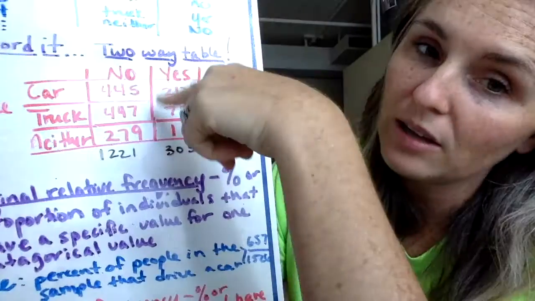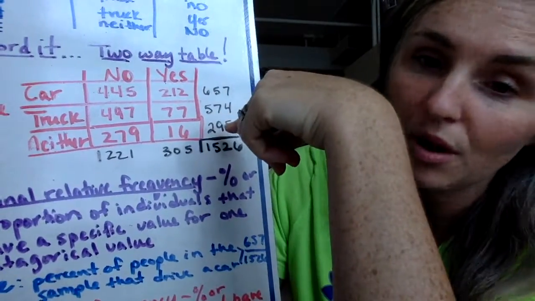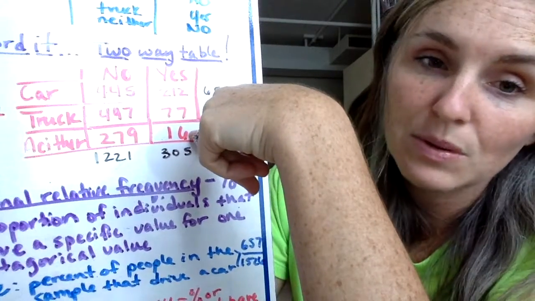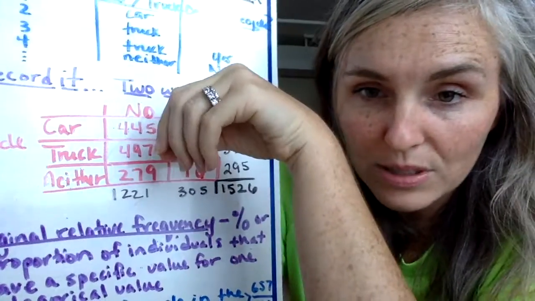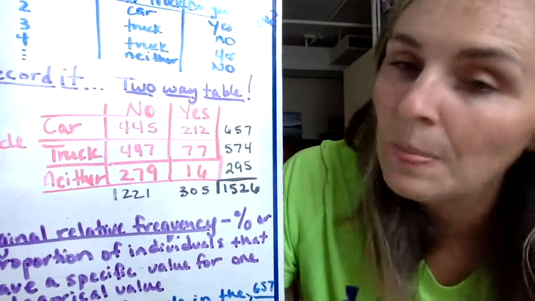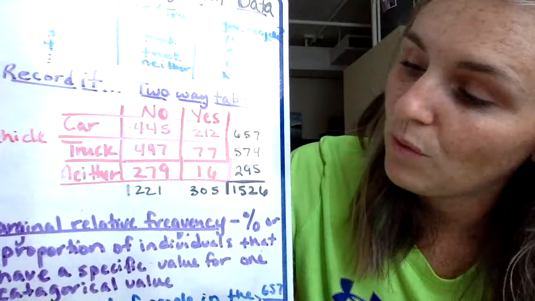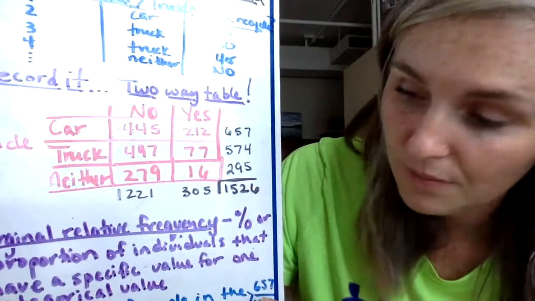But if I do recycle, I'm looking in the yes column. So one variable is I don't own a car or truck. The other variable is yes, I do recycle. And that leaves me with 16. But I'm still talking about relative frequency. The way that I can tell I'm talking about relative frequency is that first line in the determination of what you're finding: what percent of people in the study?